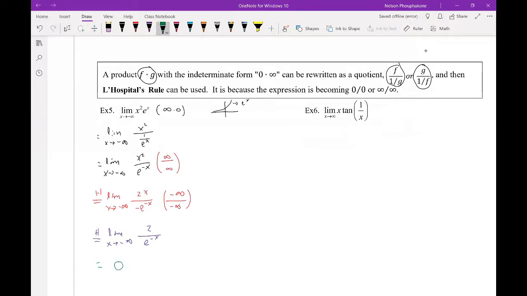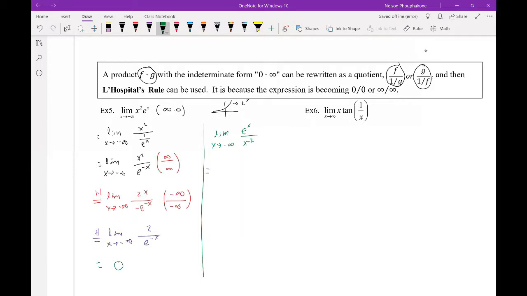Now, maybe some of you feel, how about if I want to do it this way? That means I keep the e to the x and then x to the negative 2. Check this out to see what happens.